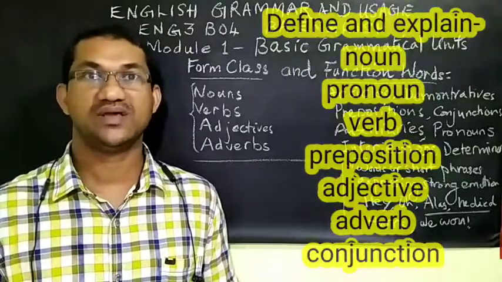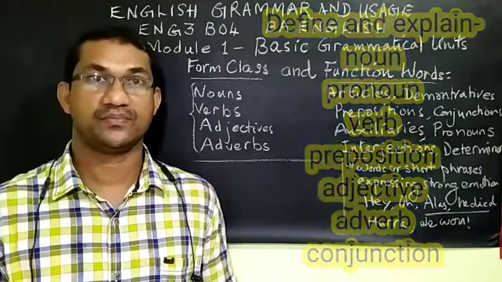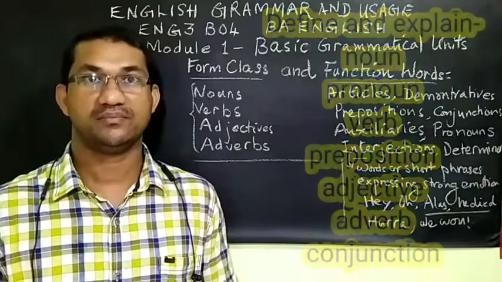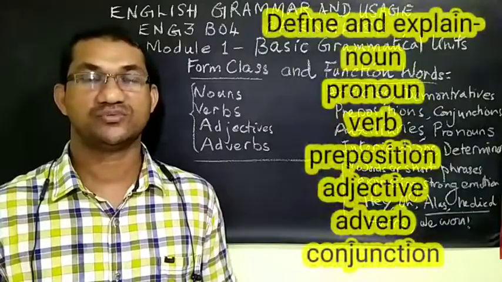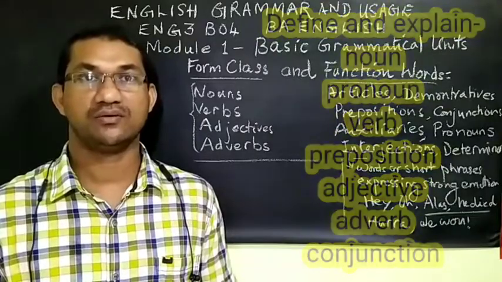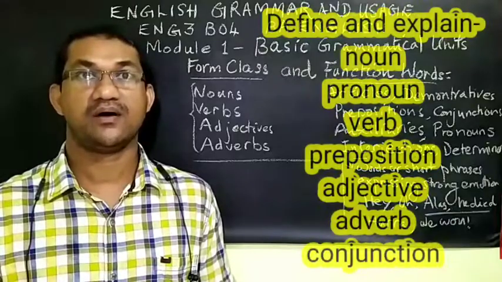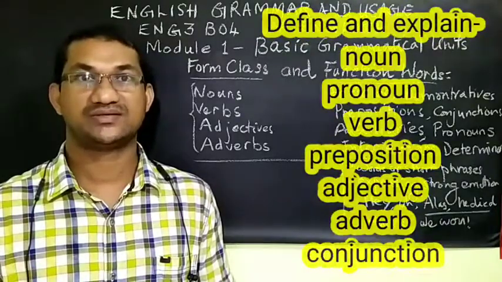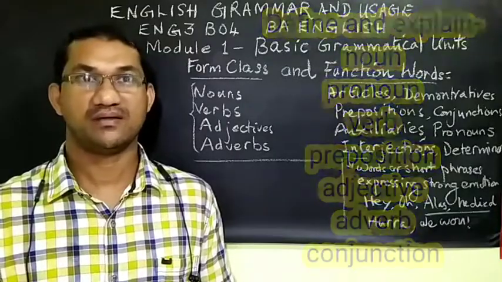Next, pronoun. What is a pronoun? A pronoun is a word which can replace a noun. We have 3 personal pronouns: first person pronoun, second person pronoun, third person pronoun. And we say, I am Alex. I live in Mumbai.